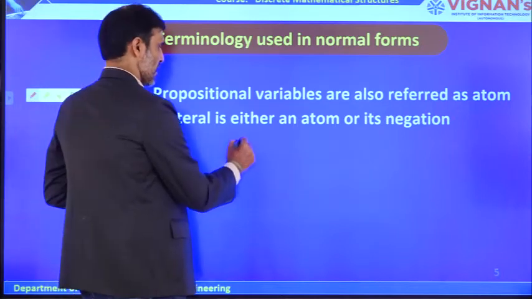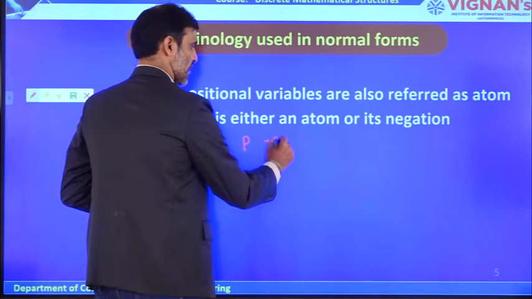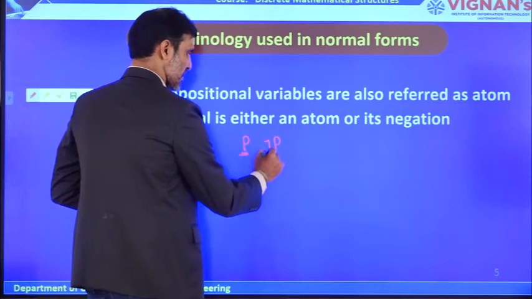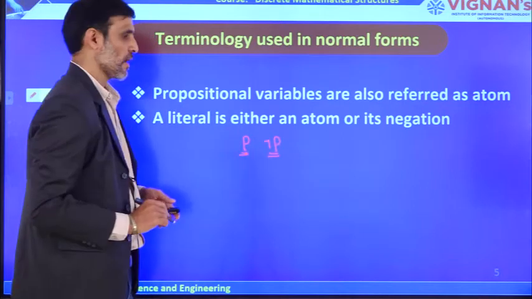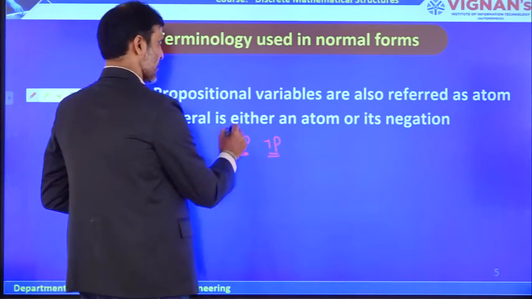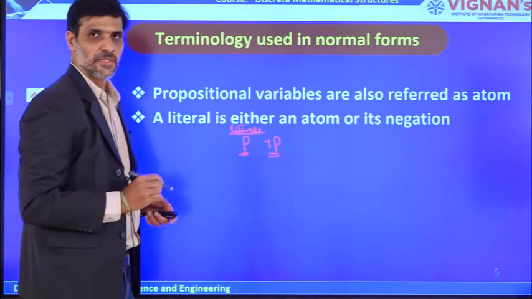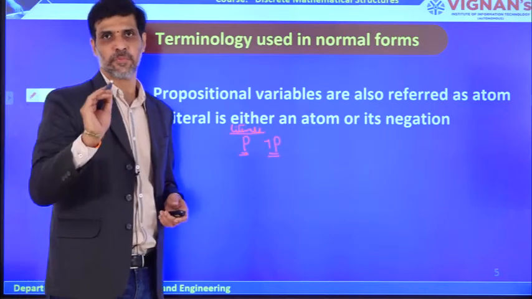That means if P is a proposition, negation of P is its negation, and each of these, either this or this, we can call literals. So a literal is a proposition or negation of the proposition.